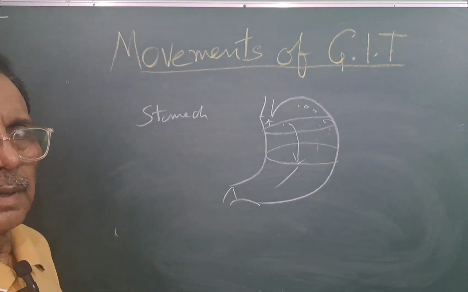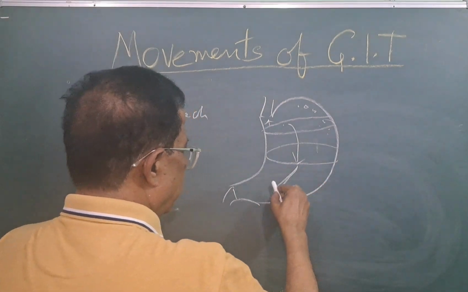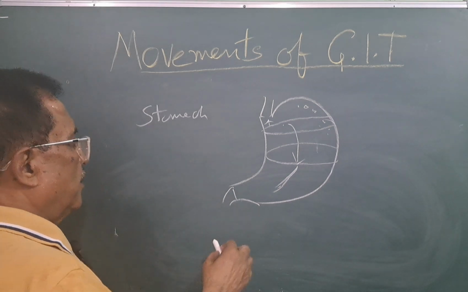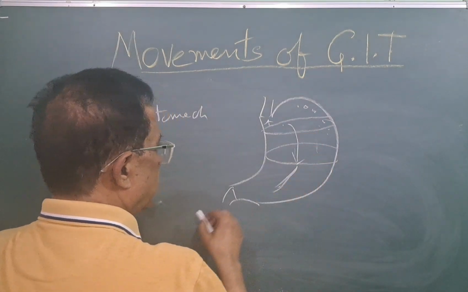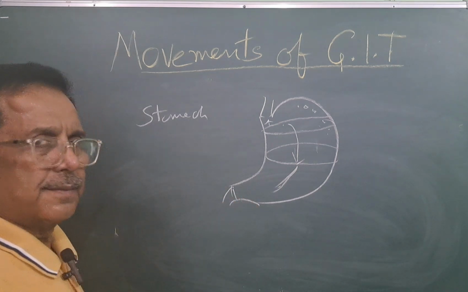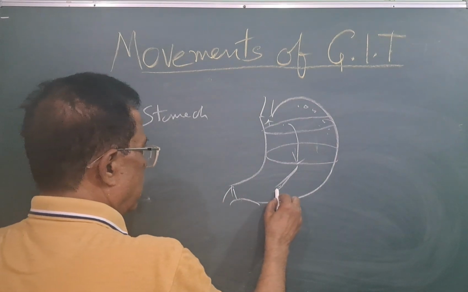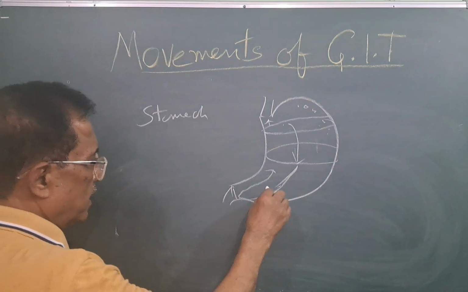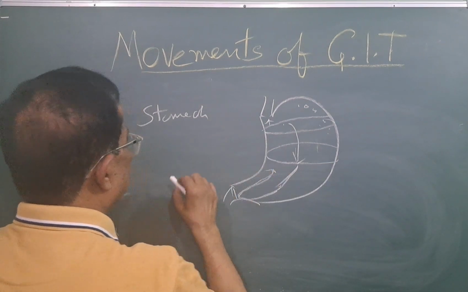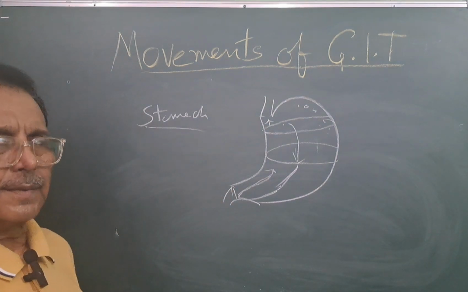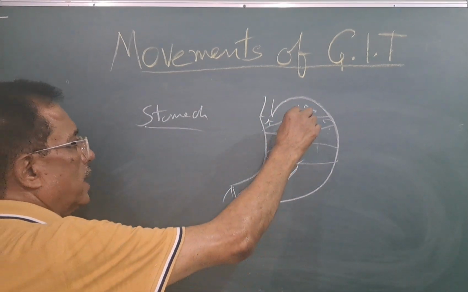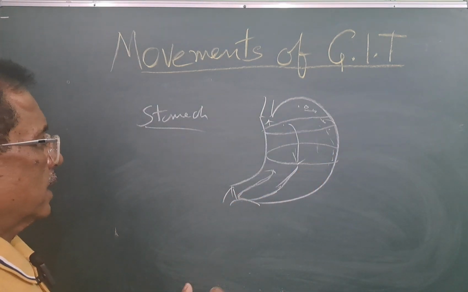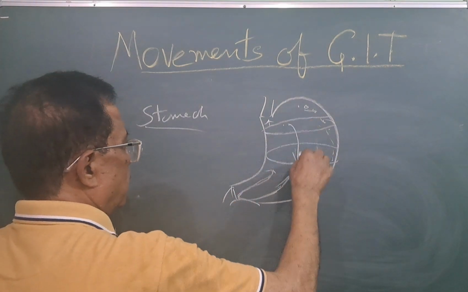Therefore, food is mixed with acid and there is grinding of food materials. This will go to the pyloric end, and as the pyloric sphincter is closed, it moves upwards. This movement is retropulsion. The interstitial cells of Cajal are present at the upper end of the stomach and body, and this initiates contraction leading to mixing of food.